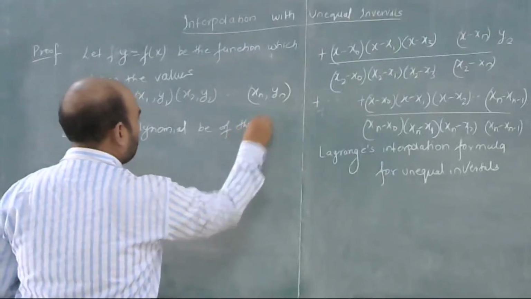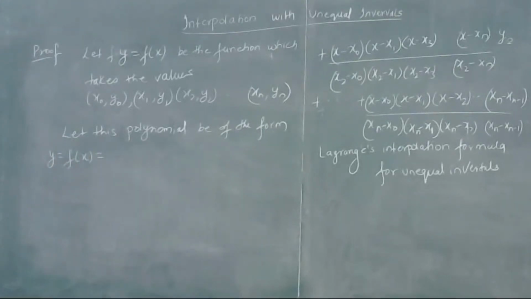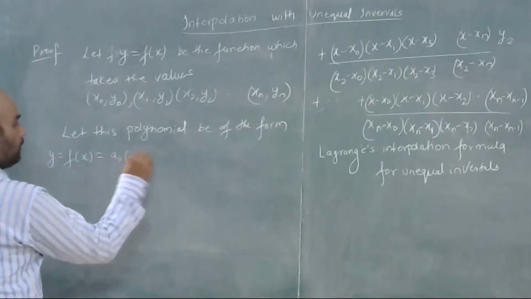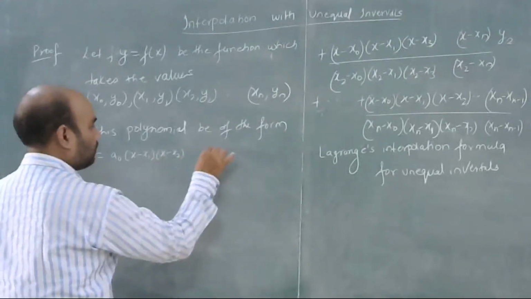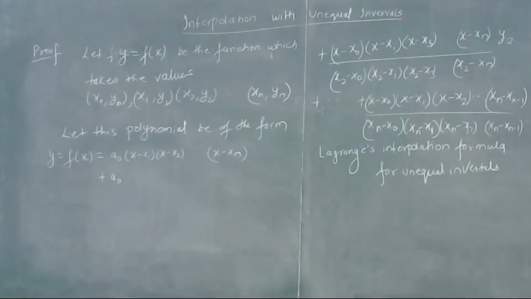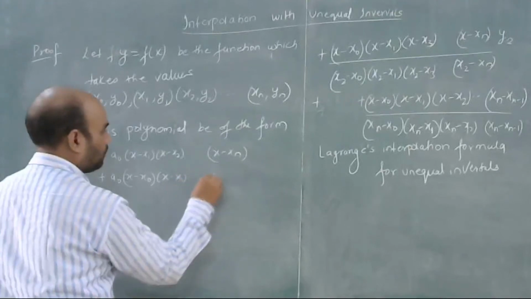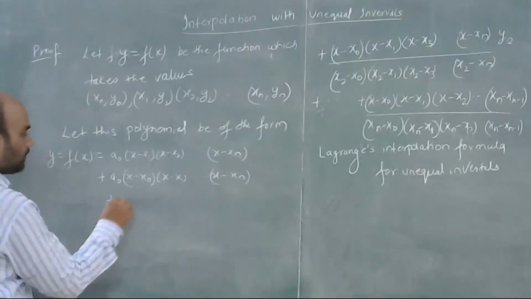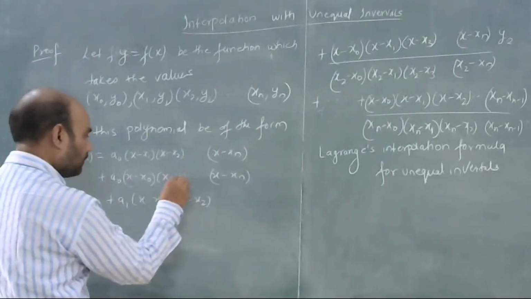of the form y is equal to f of x is equal to a0 (x minus x1)(x minus x2) up to (x minus xn), plus a1 (x minus x0)(x minus x2) up to (x minus xn), and so on.